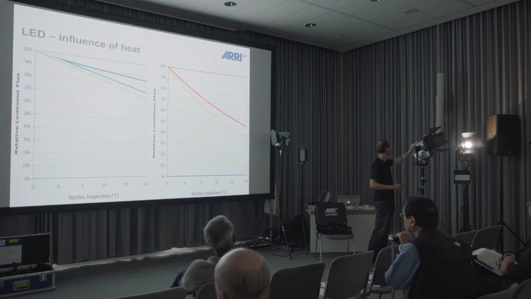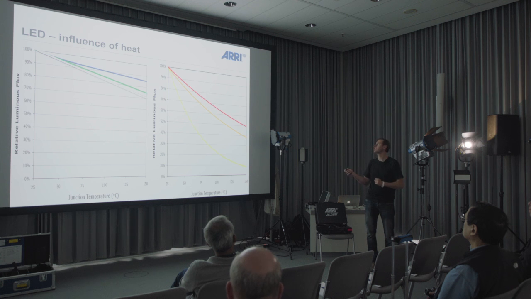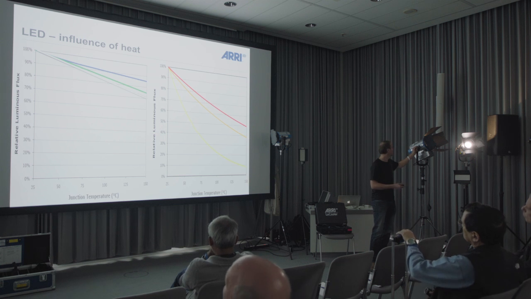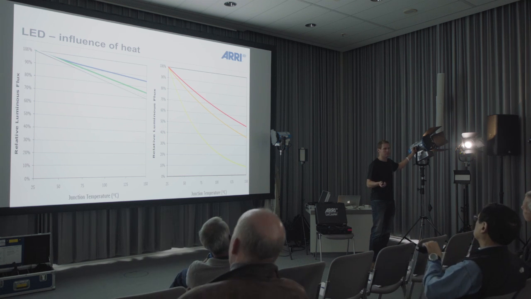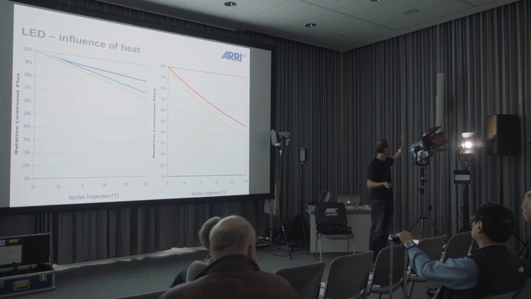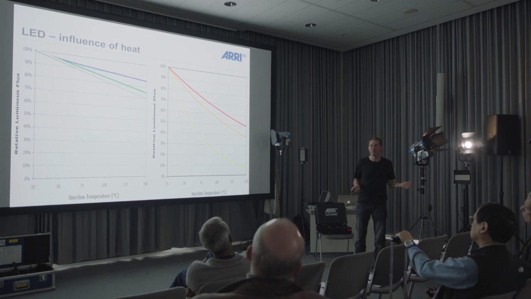If we start a unit and run at 100%, there's no chance to adjust. So we always start the units dimmed down, and then with the temperature, we have the chance to adjust this. So it's guaranteed that it doesn't matter if you are shooting in Greenland or in a desert somewhere, you always have the same color, and of course also the same brightness.